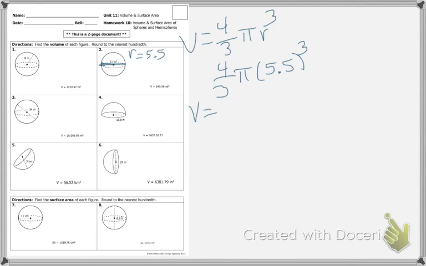So 5.5 raised to the third power times 4 divided by 3, you're going to get roughly 221.83 pi, and if you do that times 3.14, you're going to get 696.56 yards to the third power.